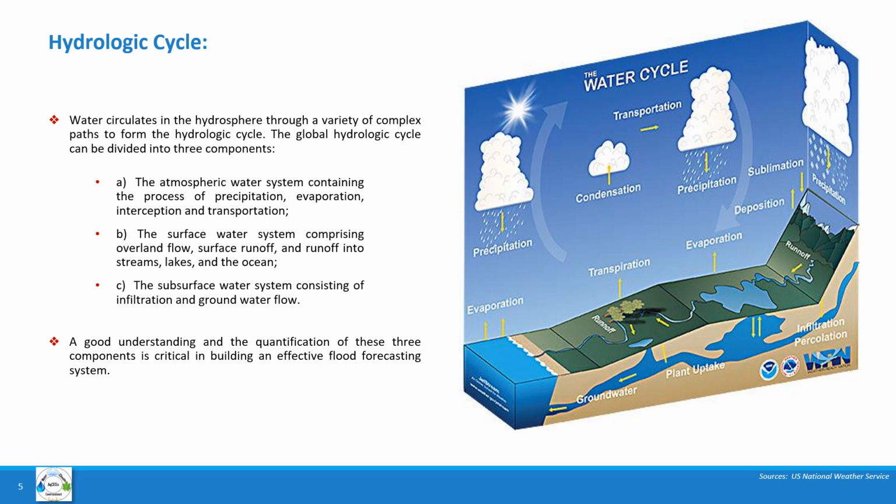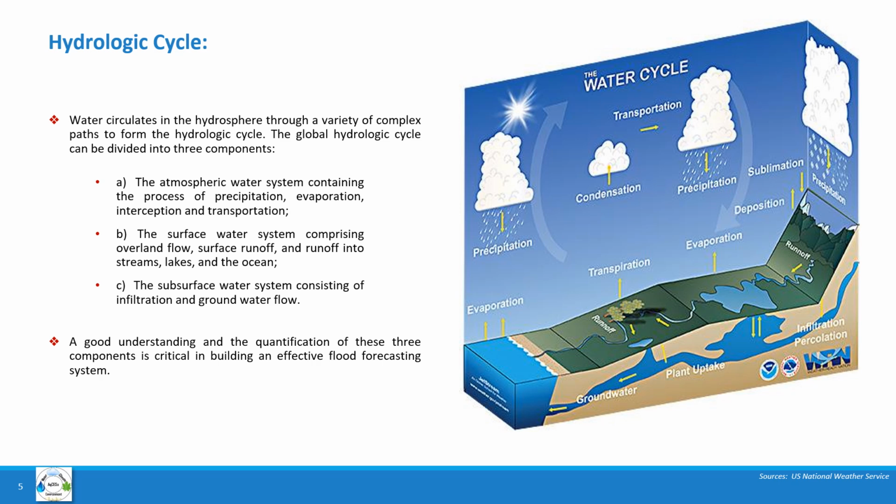We all are aware of the hydrologic cycle. Water circulates in the hydrosphere through a variety of complex paths to form the hydrologic cycle. The global hydrologic cycle can be divided into three components: the atmospheric water system containing the processes of precipitation, evaporation, interception, and transportation.